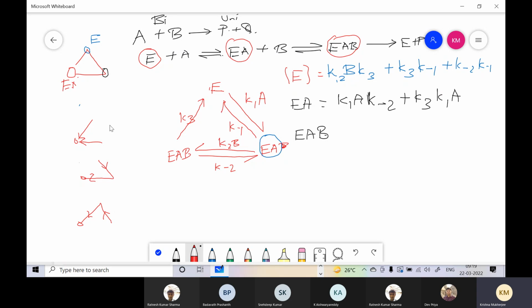Now what about this one? This one does not exist because this is K3, so this is 0. What about this one? This one exists. EAB is K1A, K2B. And what about this one? This one also does not exist, so only this one.